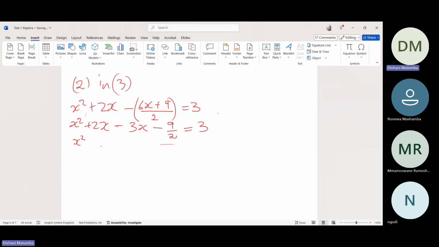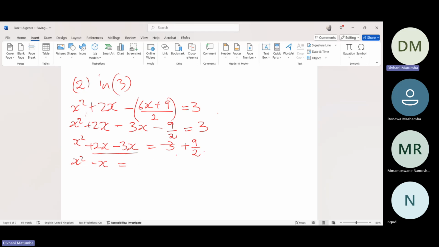It is equal to 3 plus 9 over 2, right? Yes. Then do we have like terms? Yes, these are 2x and negative 3x.